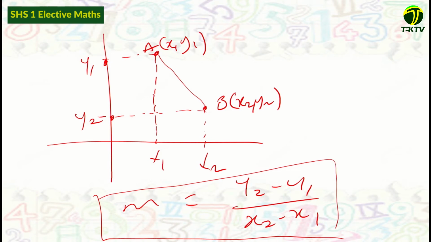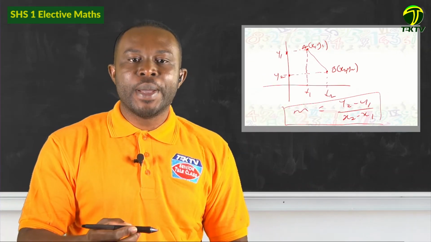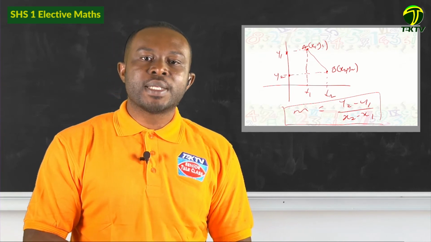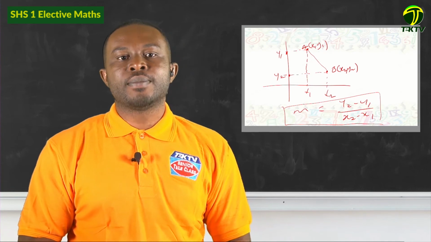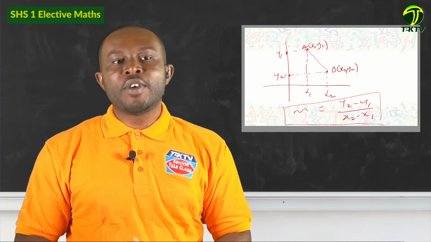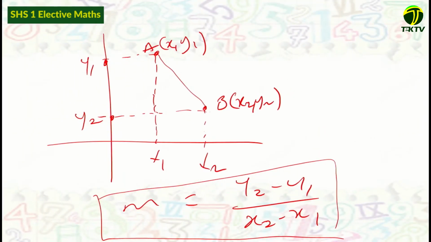Note, we most of the time denote the gradient by the letter m. So when you see m on the screen, the m represents the gradient of the line. So we are now saying that the gradient of a line is given by y2 minus y1 out of x2 minus x1.